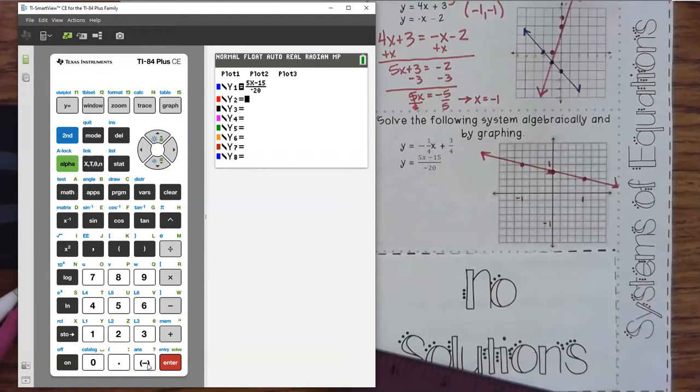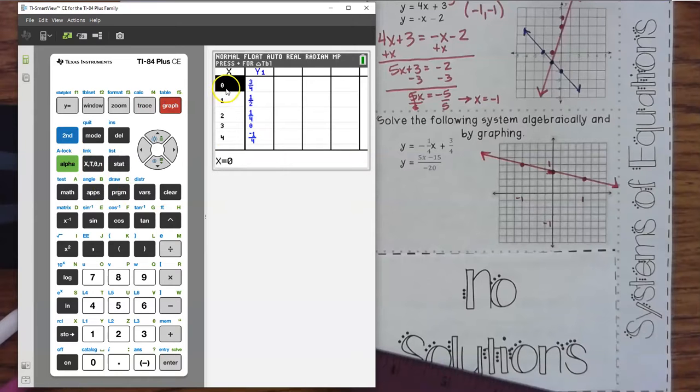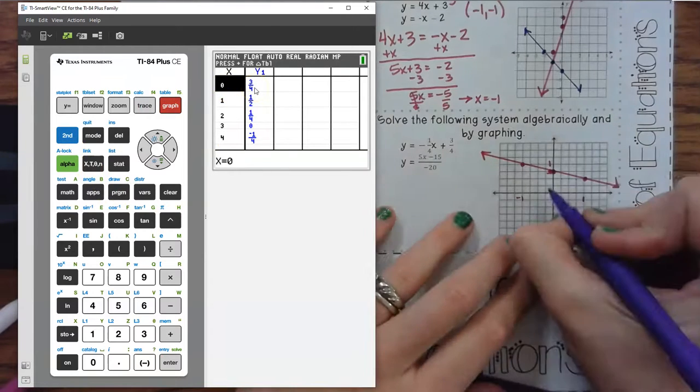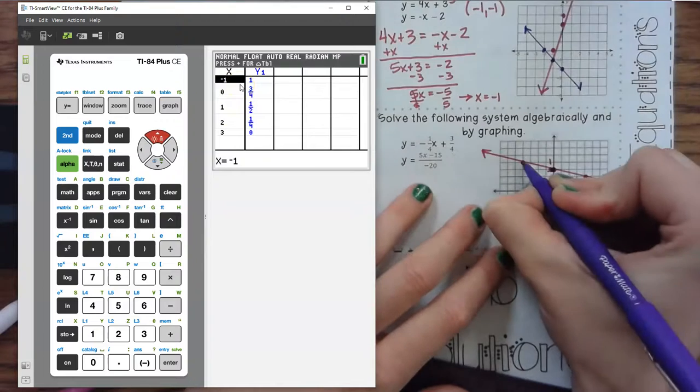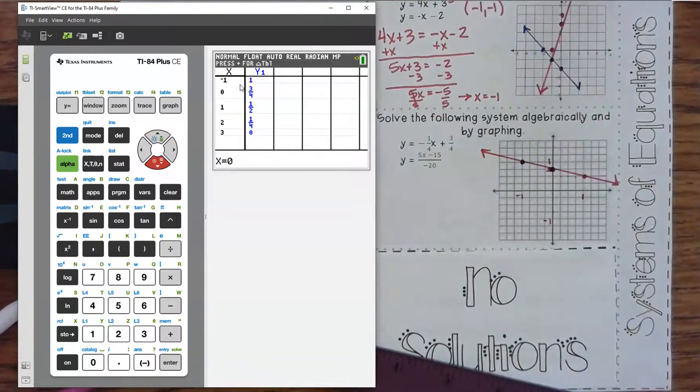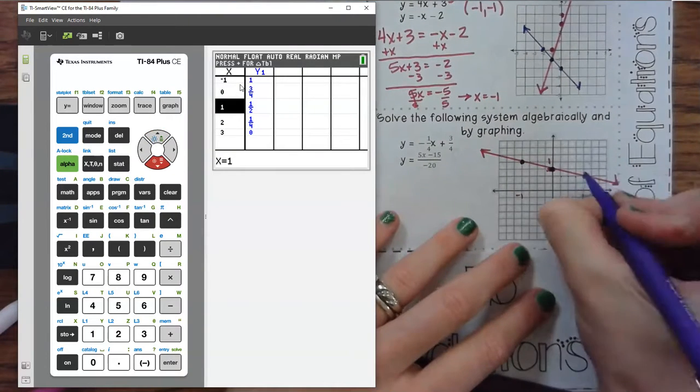And what I mean by pull values, you can do second table and you can pull values. So 0 and then 3/4, and you'll see that all the points line up here. Negative 1, let's go up to negative 1. Negative 1 is at positive 1. And then if we go down to positive 1, it's at 1/2.